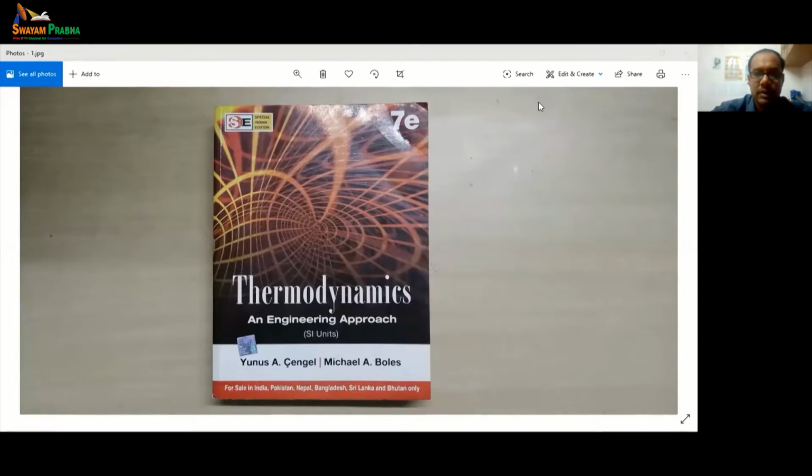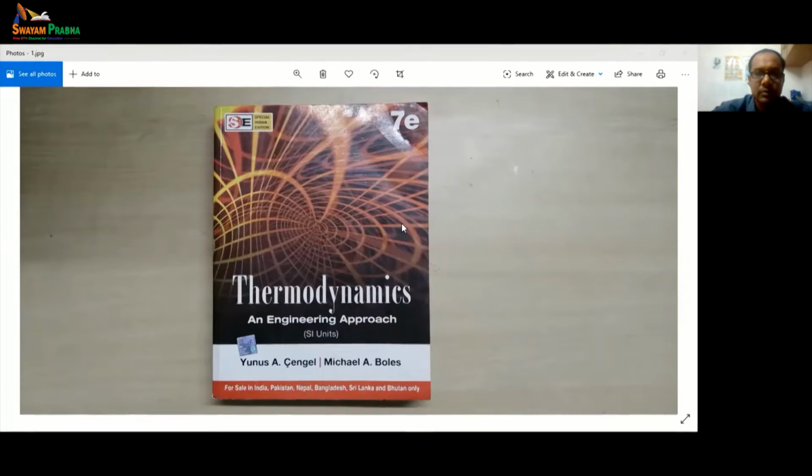In the last tutorial session, we looked at a few problems, and in this tutorial session again, we'll pick up some different kinds of problems to elucidate thermodynamics at the undergraduate level.